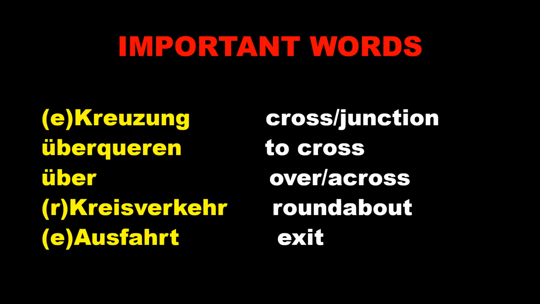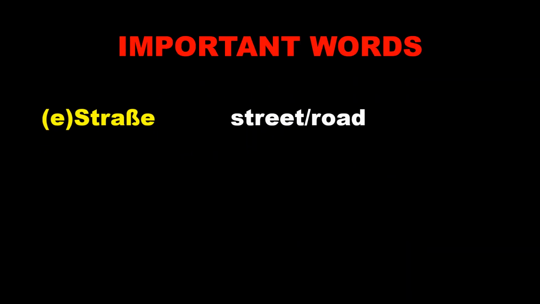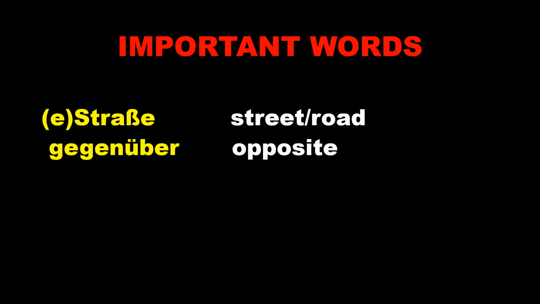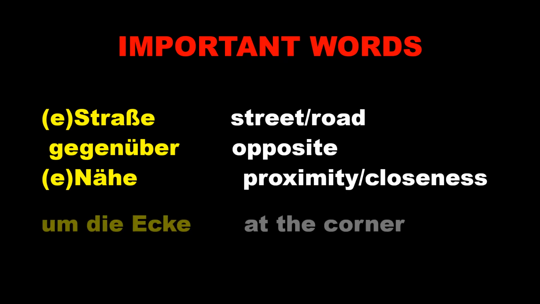Let's go ahead. Few more important words. Die Straße, street or road. Gegenüber, opposite. Near, the word is die Nähe. While using this word, we usually use in der Nähe, in the nearby, in the closeness, in the proximity. The meaning is proximity or closeness.